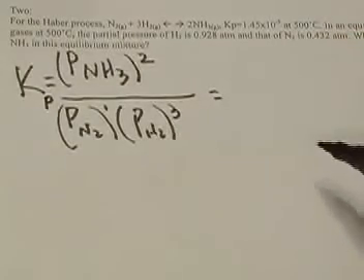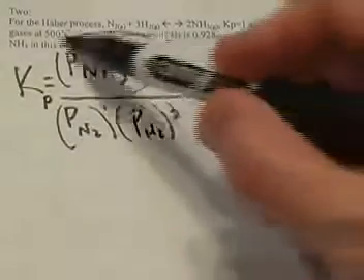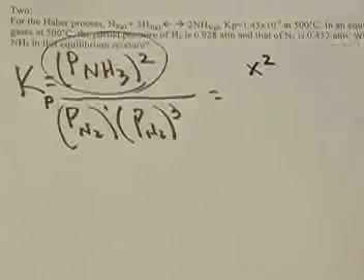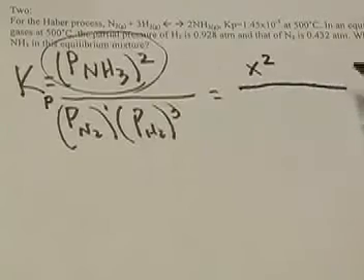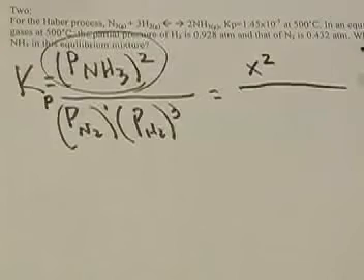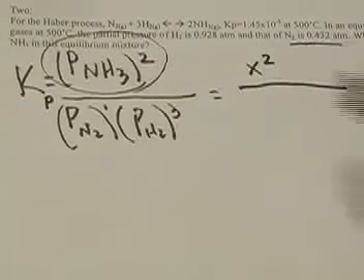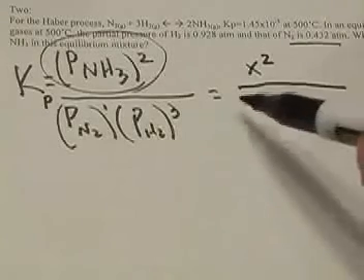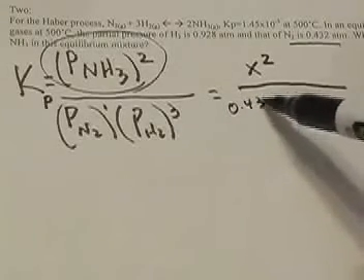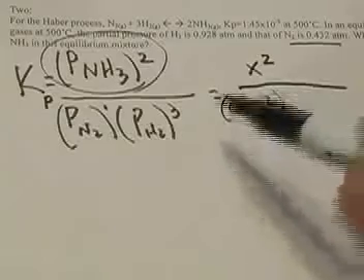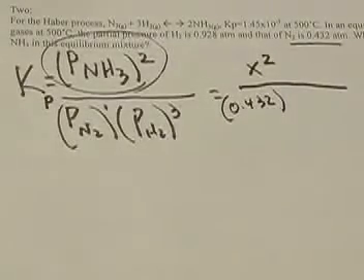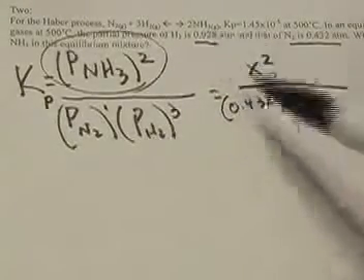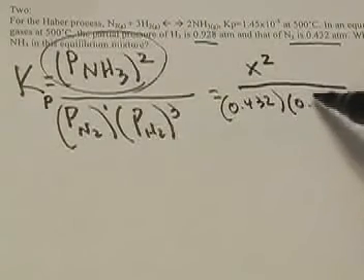This is equal to the thing that we want to know, NH3 squared. We'll call that X, because that's the thing we want to know at equilibrium, divided by the pressure of nitrogen at equilibrium, and notice they tell us that right here. Nitrogen is 0.432 atmospheres, times the pressure of hydrogen, which they tell us is 0.928 atmospheres.